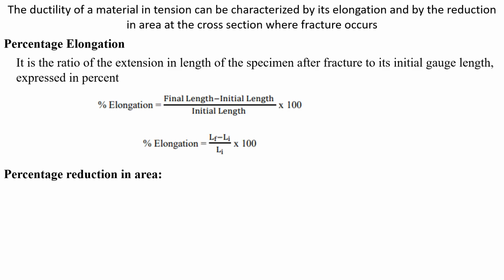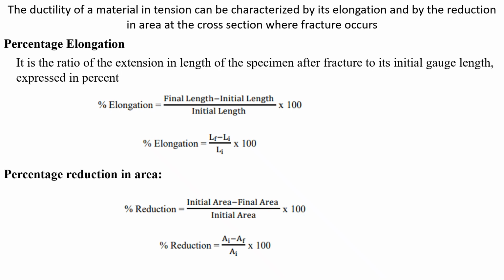Percentage of elongation is the ratio of the extension in length of the specimen after fracture to its initial gauge length, generally expressed as a percentage. So percentage of elongation equals final length minus initial length, divided by initial length, times 100. Next, percentage reduction in area equals initial area minus final area, divided by initial area, times 100.